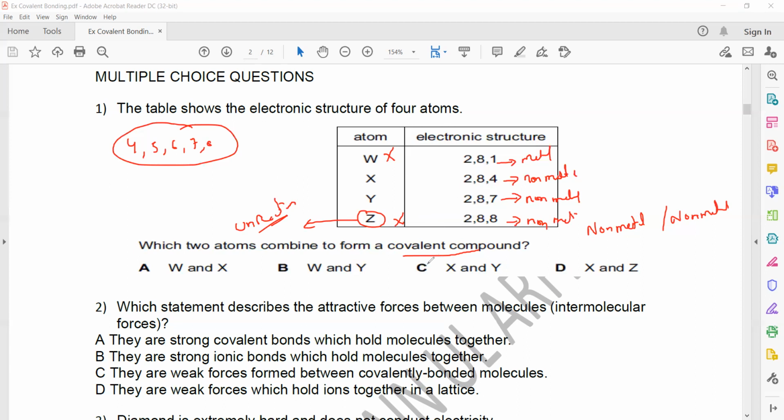It will be between X and Y. So C is the right answer, because a covalent bond is formed between non-metals. First we identify the non-metals from the electronic structure, and Z is a non-metal, but because it has a complete shell, it is unreactive.